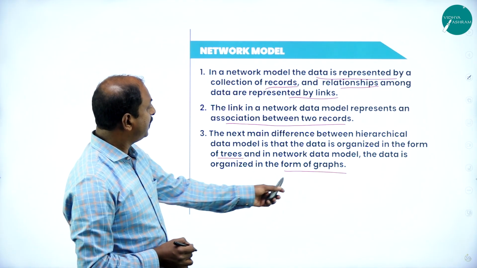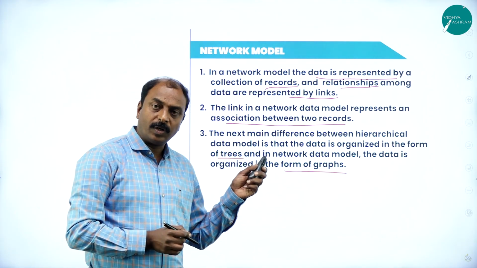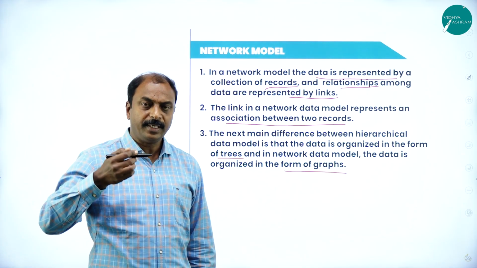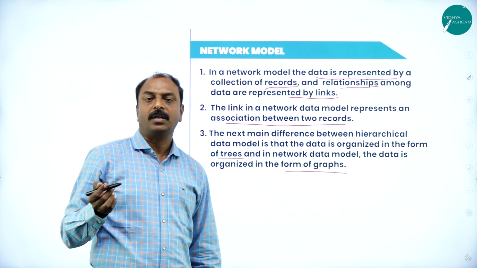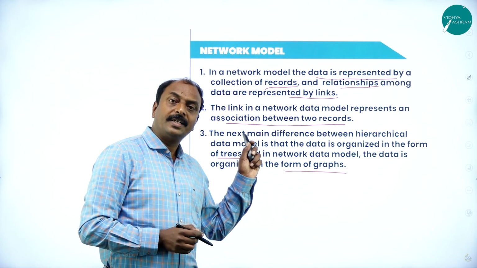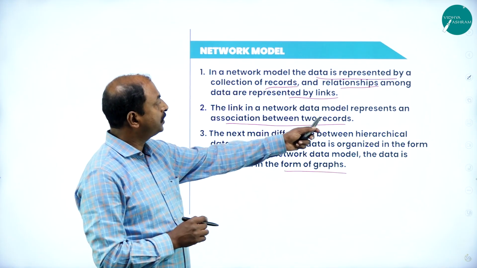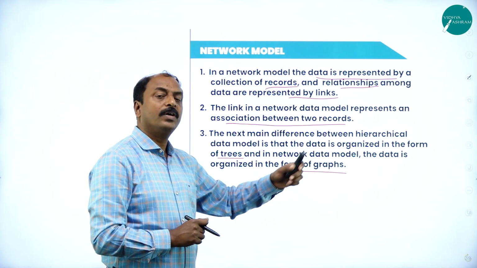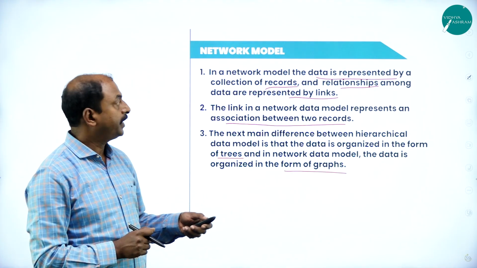Here in hierarchical model, what you have seen in the previous slide, we have a root, then parent, then child. All these are connected through links, but here in network model, all these are connected through a logical link between the records, and it is in the form of graph. So this is a network model.